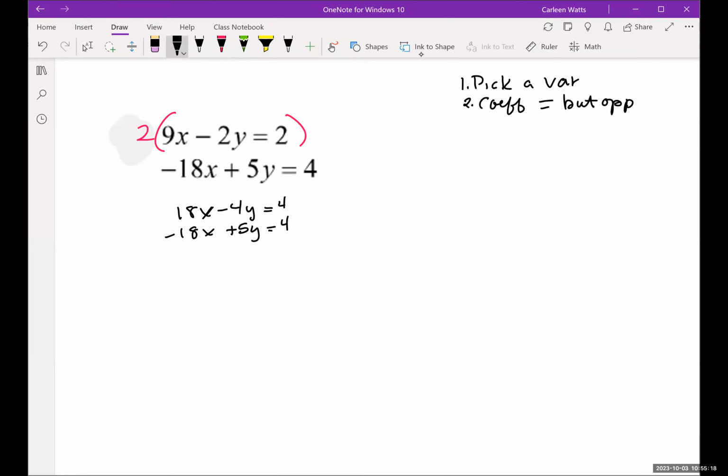Now, right there is your spot where you're most likely to make a mistake. And sometimes you got to go back and check it, because sometimes I forget to do the right-hand side. It's called ADD. Okay, what's my next step?